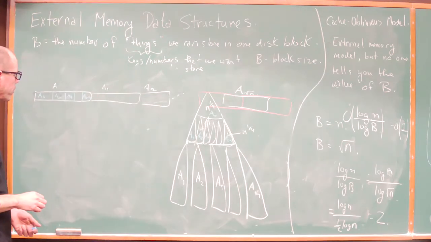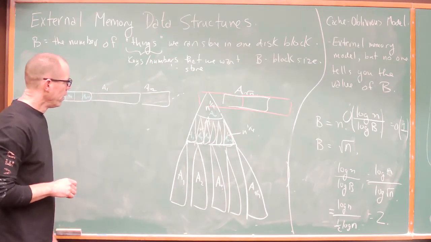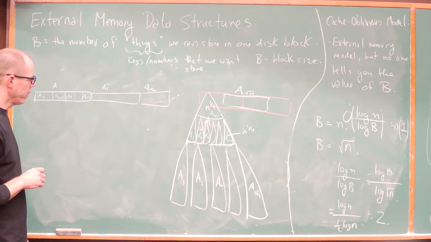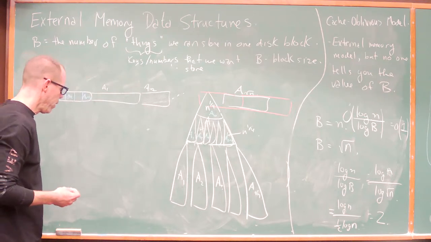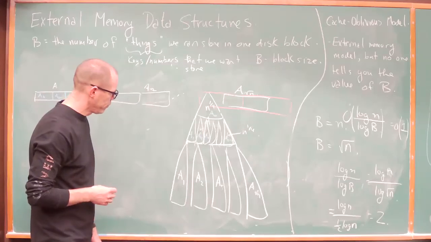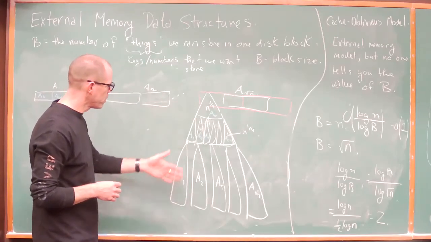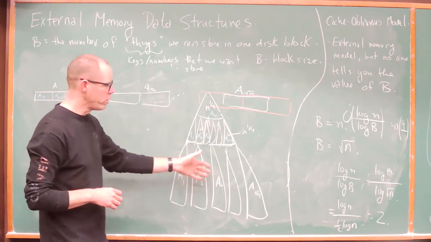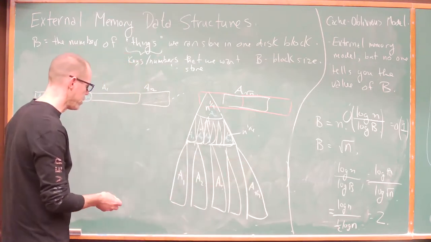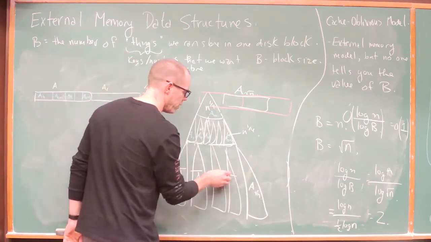Okay. All right. Great. And this was me trying to solve the problem on something of size square root of n. I have a whole bunch of problems of size square root of n that I want to solve. So I'll do the same thing to each of these.